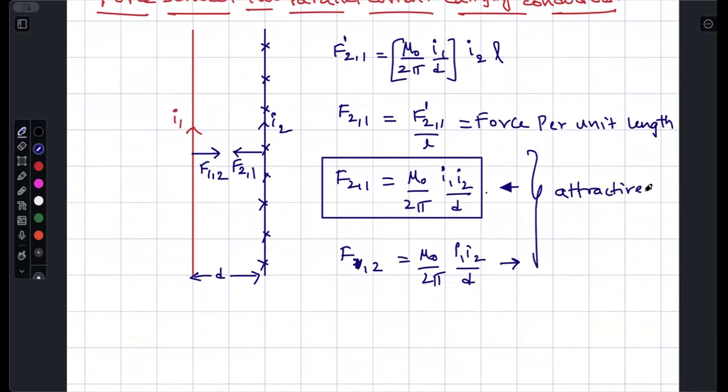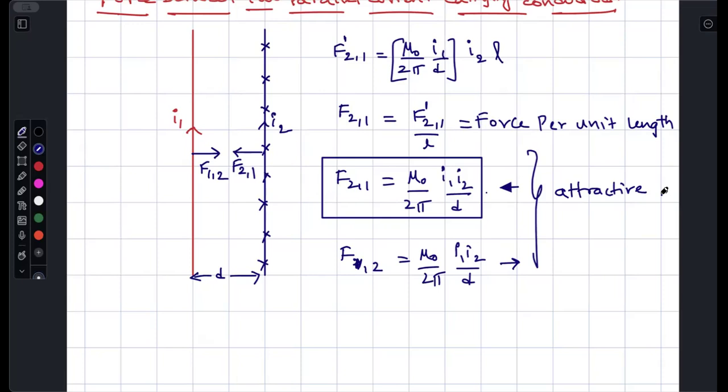If the current is in the same direction, forces are attractive. Remember, whatever I am writing here, mu naught by 2 pi I1 I2 by d is force between two parallel current carrying conductors. Till this point, any doubt?